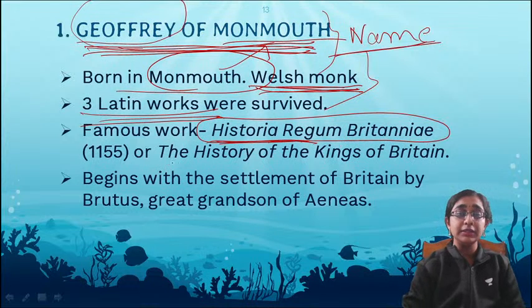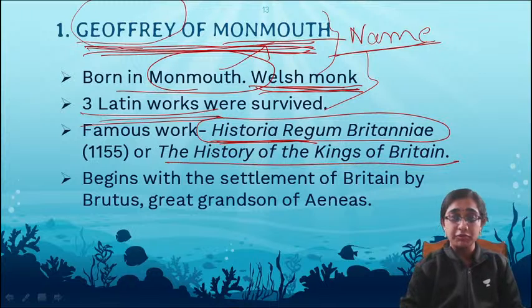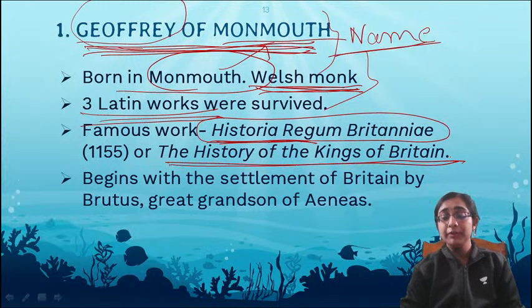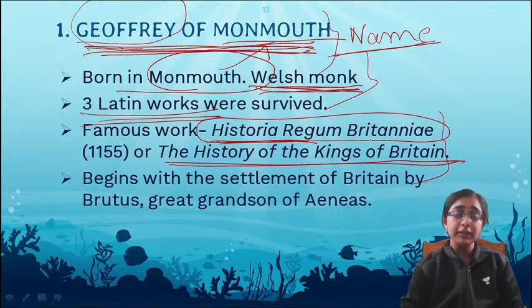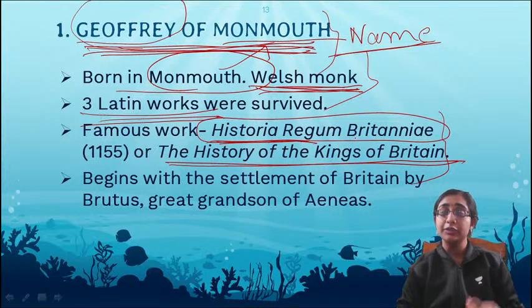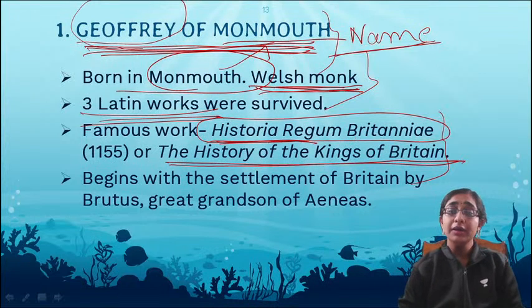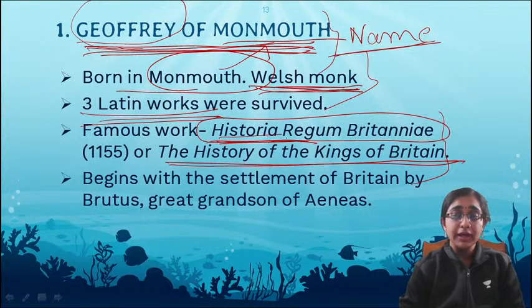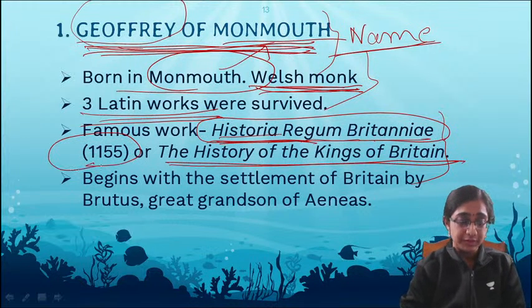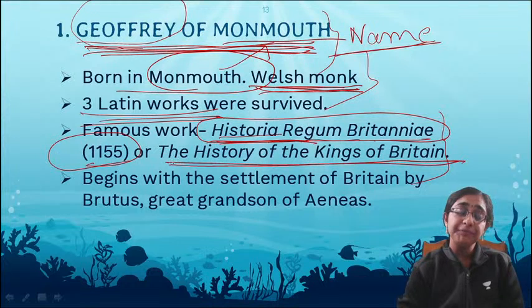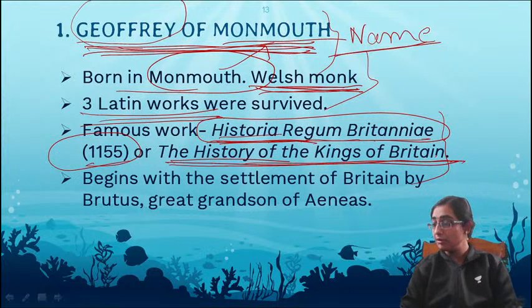It means the history of the kings of Britain. From the very title, you can guess that it is purely a historical document of all the legendary kings of Britain. It is actually a collection of all their reigns. Historia Regum Britanniae is his famous work, published in 1155, which in English translation means the history of the kings of Britain.